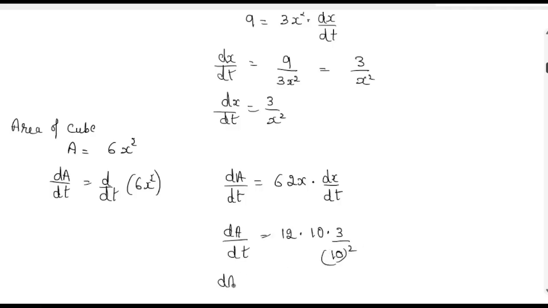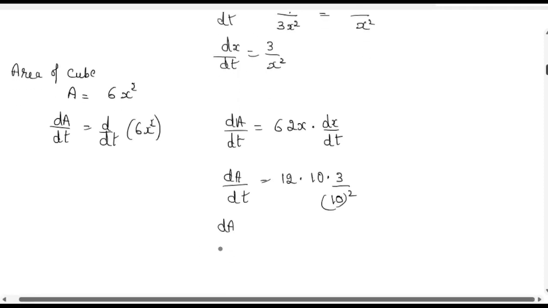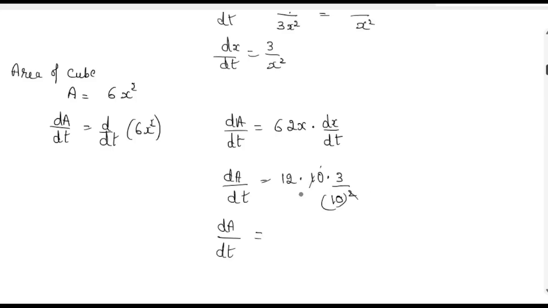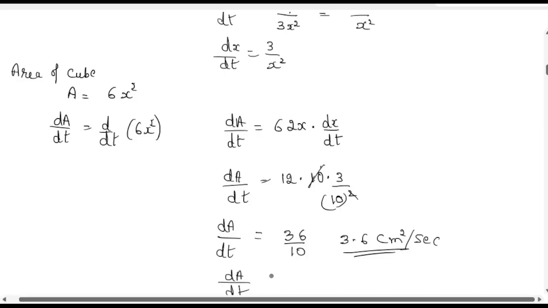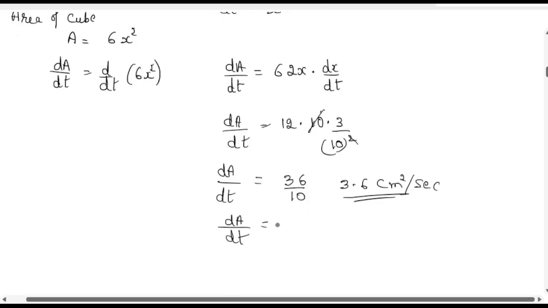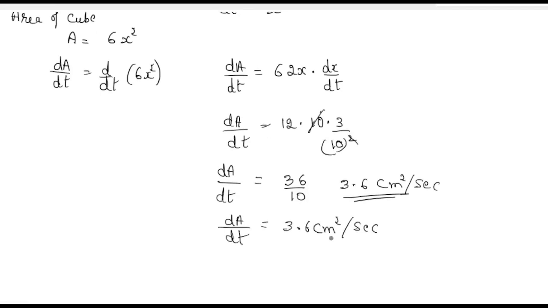So dA by dt equals, this will get cancelled. 12 into 3 is 36. 36 by 10 or 3.6 centimeter square per second. So dA by dt equals 3.6 centimeter square per second. This is the answer.